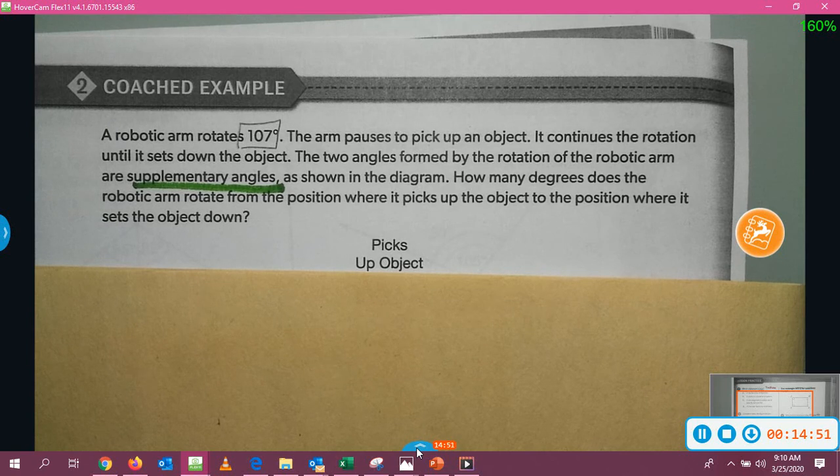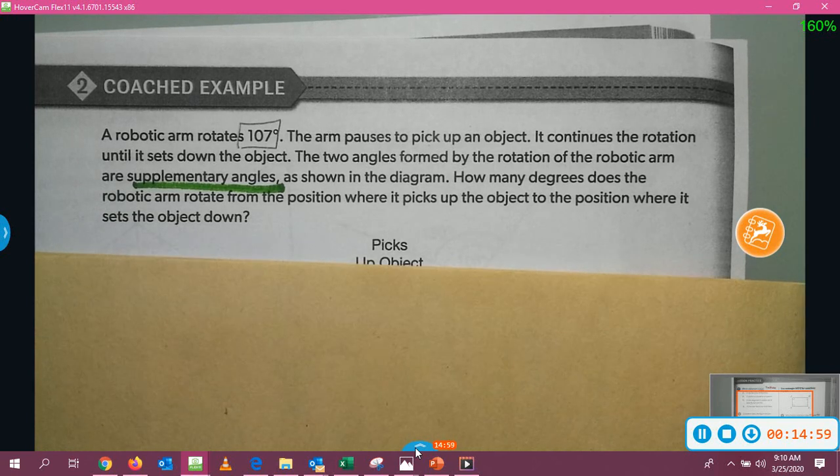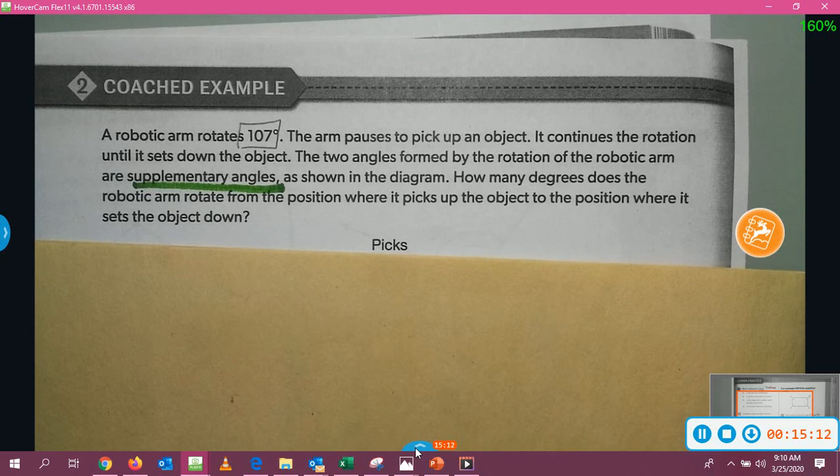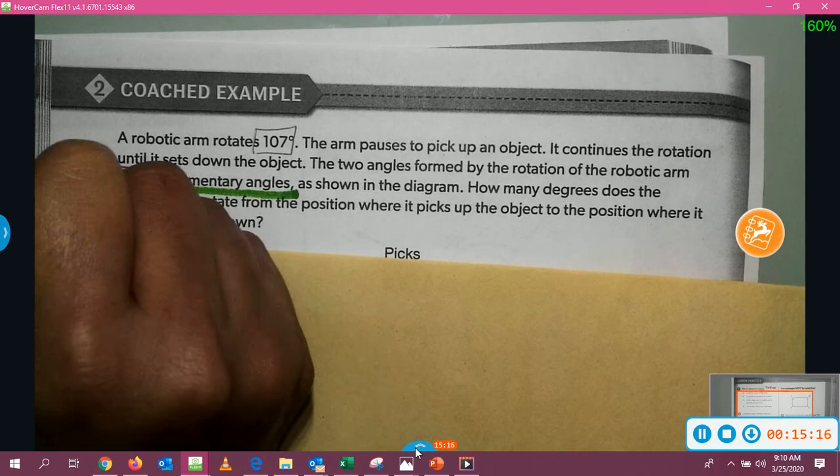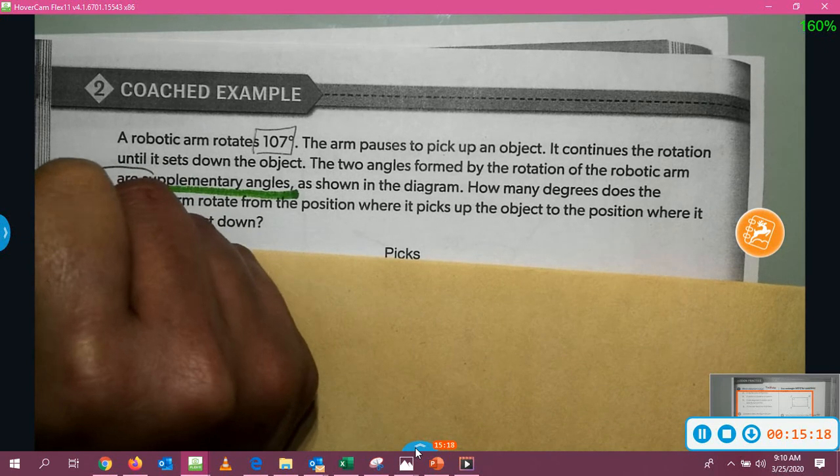The two angles formed by the rotation of the robotic arm are supplementary angles. So let's take a minute to think about what supplementary means. Supplementary means that the sum of the two angles measures to be what? 180 degrees. So supplementary angles are 180 degrees. So we're going to draw a little line. We're going to put 180 degrees.